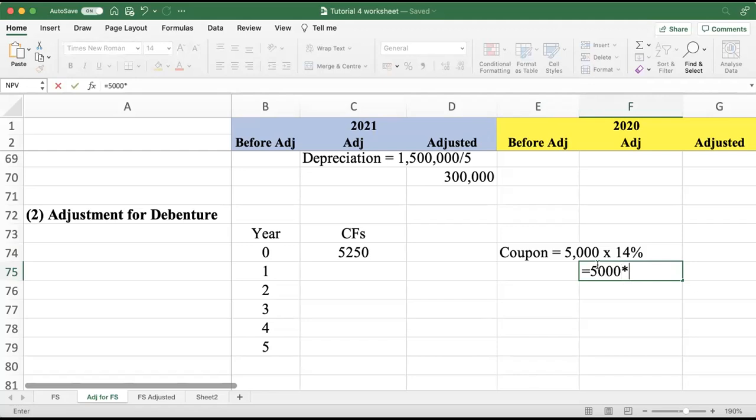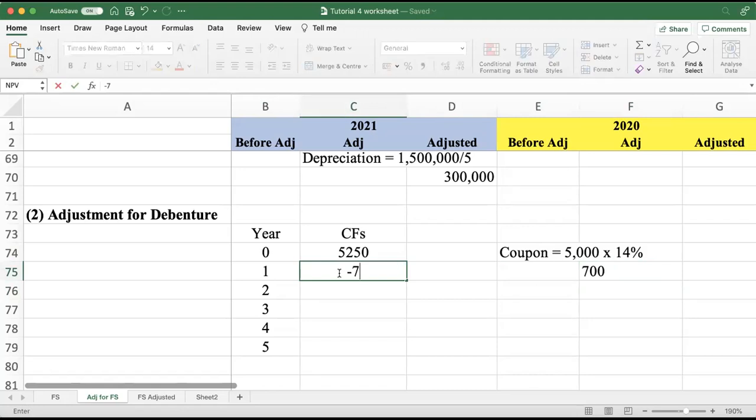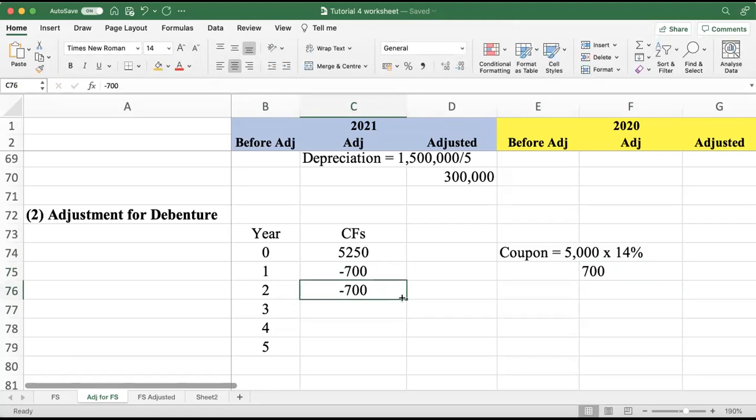So 5,000 multiplied by coupon rate, 14%. Now you see coupon is 700. So first year company has to pay 700. Second year company has to pay 700. So likewise, all 5 years, company has to pay 700. So these are coupon payments.